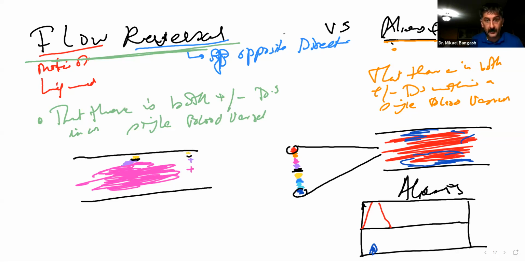So you see here that the colors go from positive like this, which is your flow reversal.